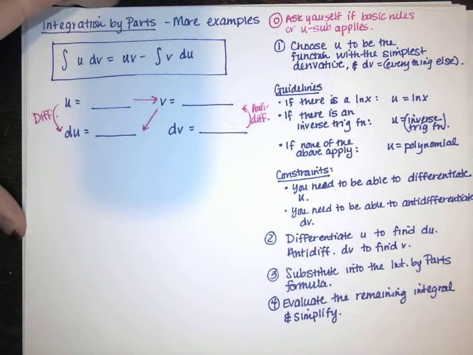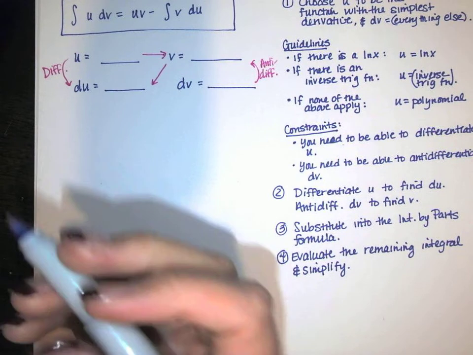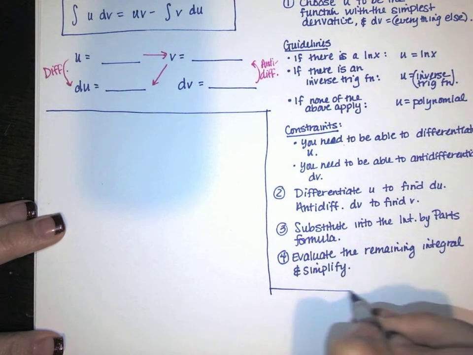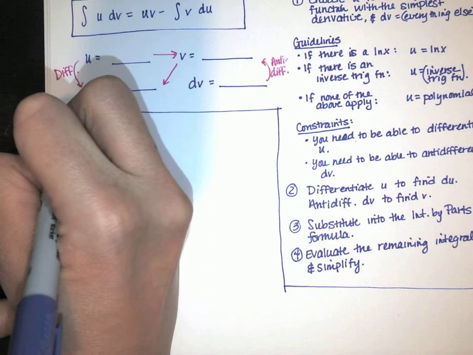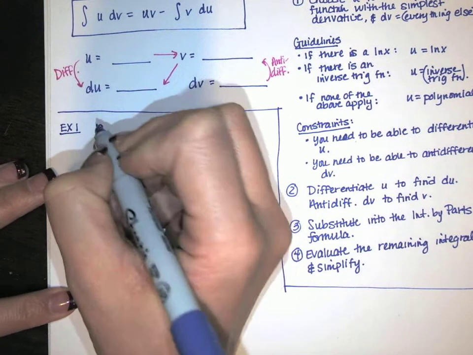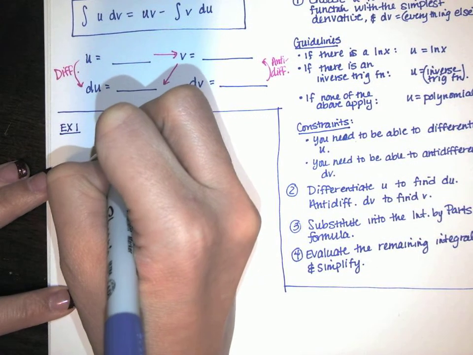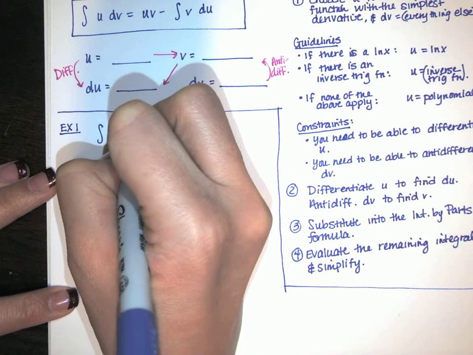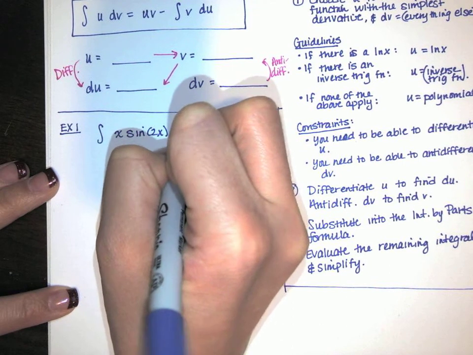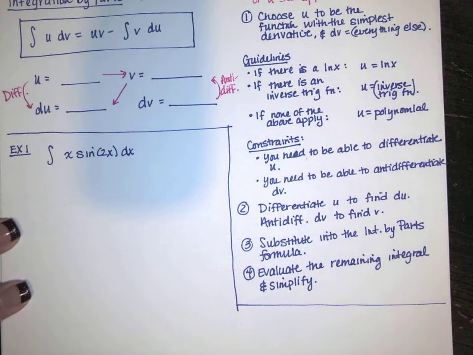So let's do an example. Let's say we've got x times sine of 2x, and I'm probably going to use integration by parts.